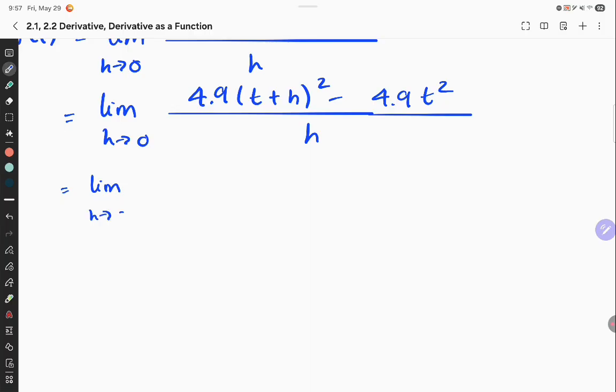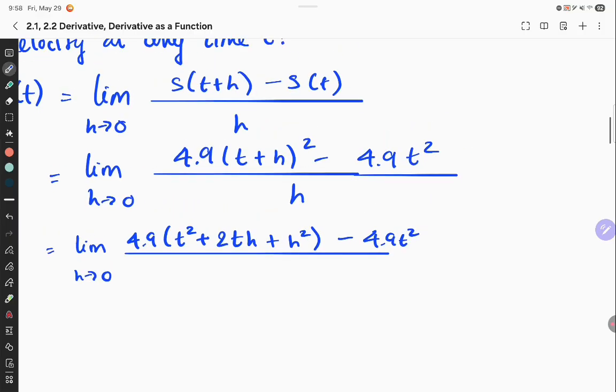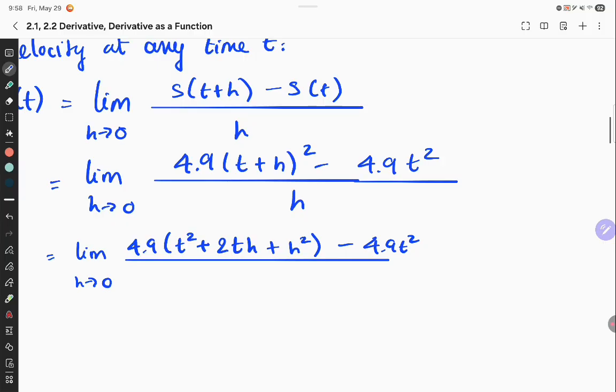Let me give you the expanded version. How do you expand this one? 4.9 t squared. Yes, you're going to distribute it, right? So t squared plus 2th plus h squared, minus 4.9 t squared. This part right here, I believe this is where you felt a hiccup, right?